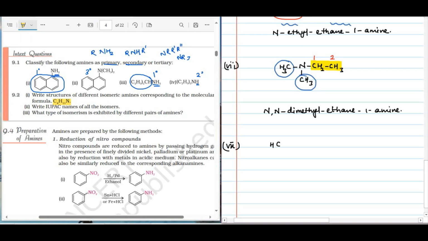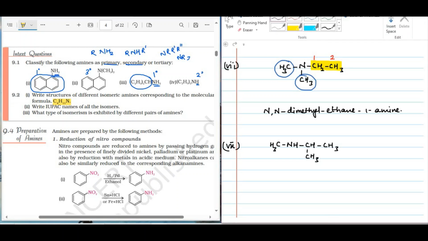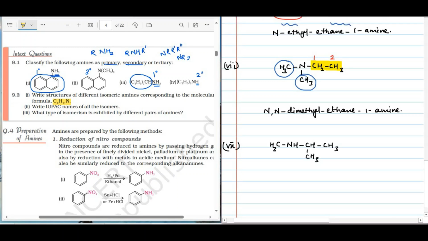Here CH3 single bond NH single bond CH single bond CH3, and here we can draw CH3. The longest carbon chain which is bonded to the amine functional group is 3 carbons long. There is a methyl substituent bonded to nitrogen.